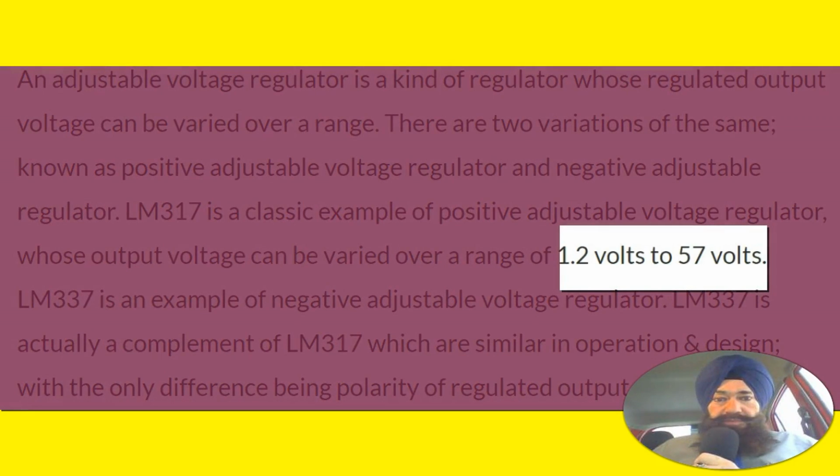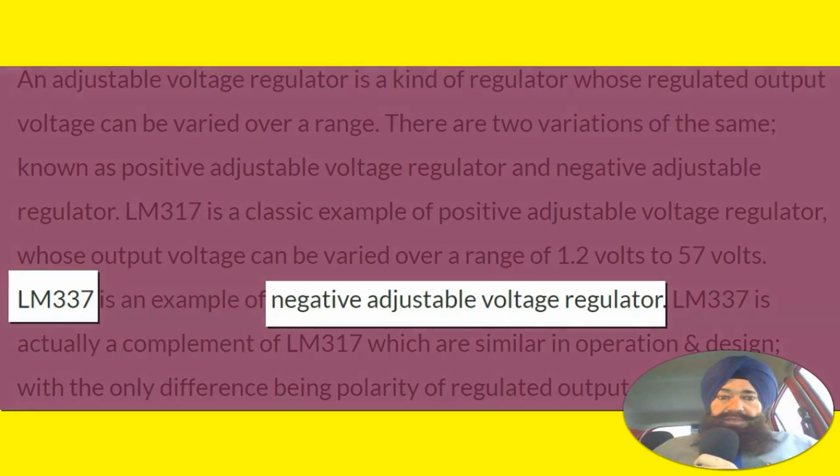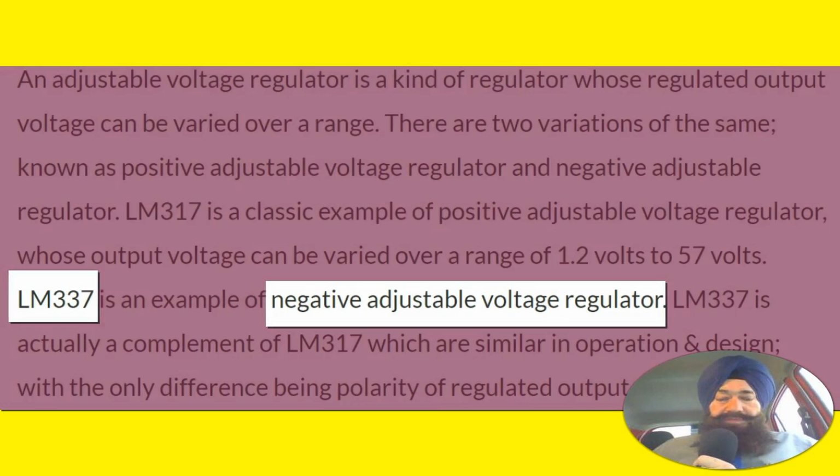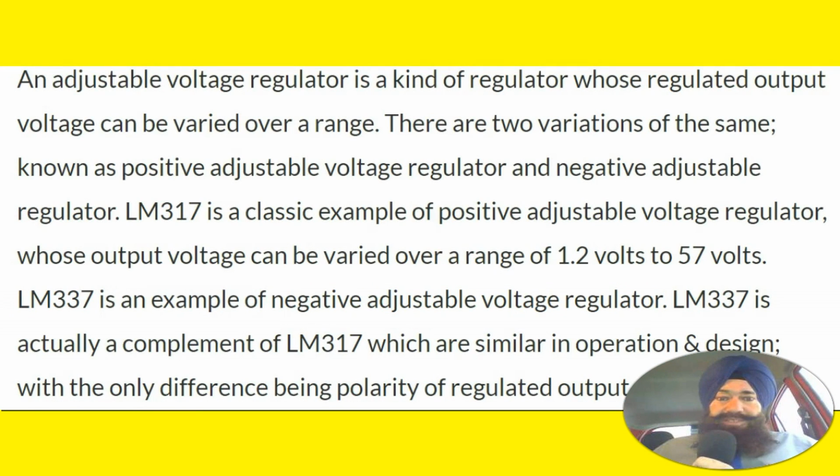There's an adjustable voltage regulator where the output voltage, which is the regulated voltage, can be varied. And there is an IC LM317 which provides us a regulated positive voltage, which is adjustable and can be varied over a range of 1.2 volts to 37 volts. And there is another IC, LM337.